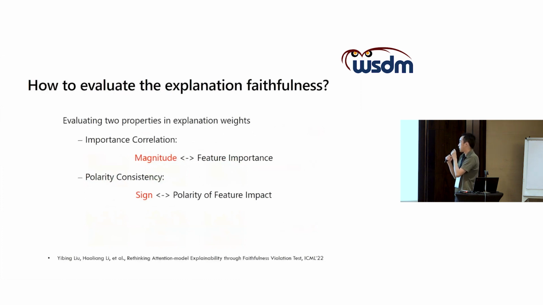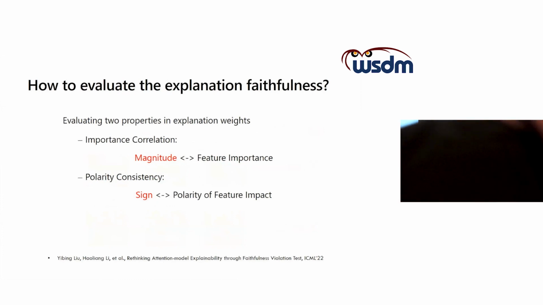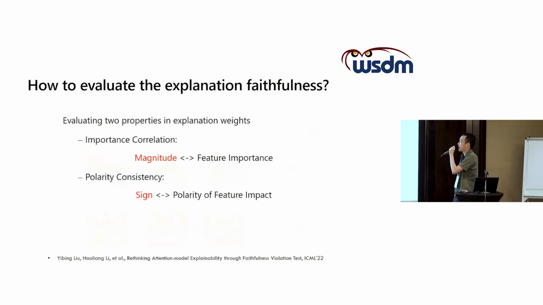the current methods are focusing only on the importance correlation, by only analyzing the magnitude of the explanation. They claim that the magnitude can denote this feature importance, but actually one thing that has been largely ignored is the polarity consistency, which is the sign.